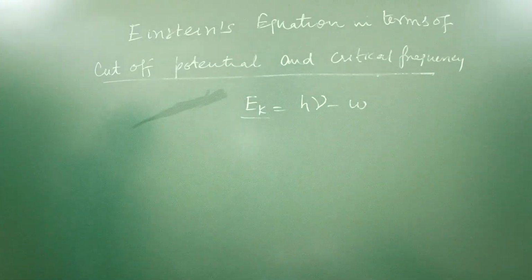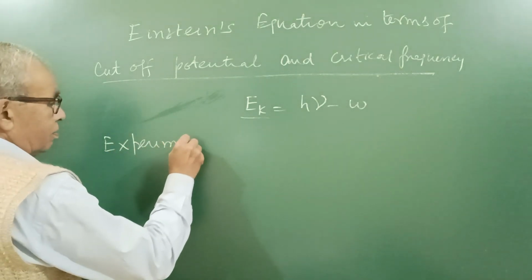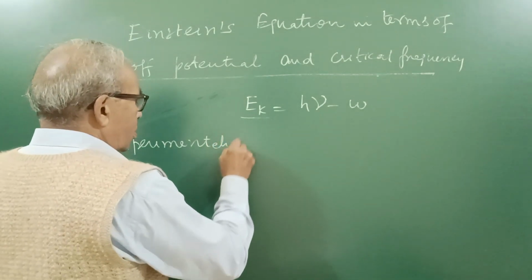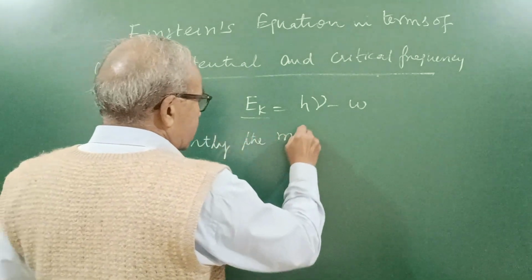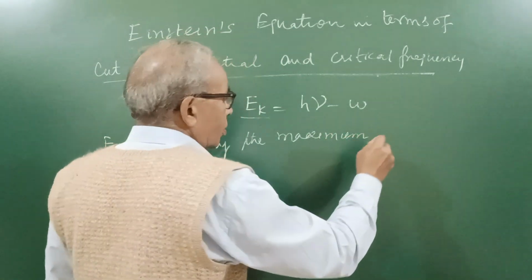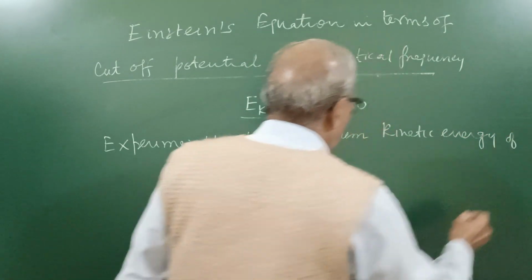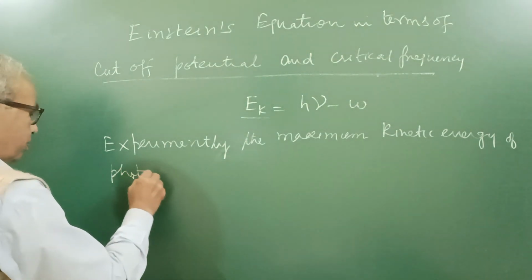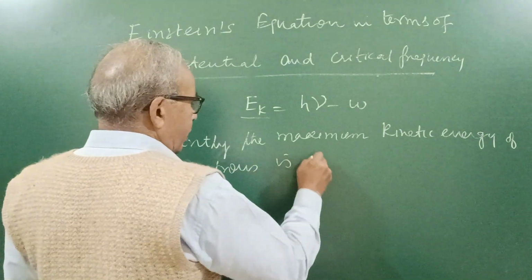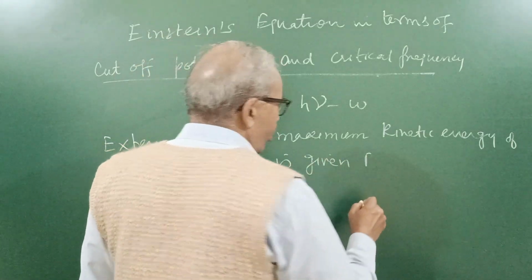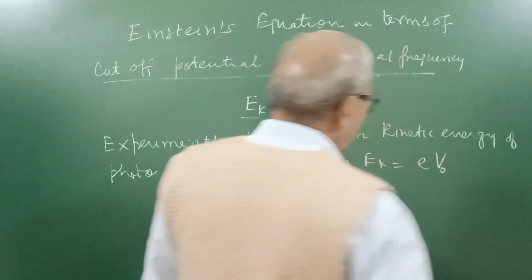Now, experimentally, the maximum kinetic energy of the photoelectron is given by Ek equal to E into V0.